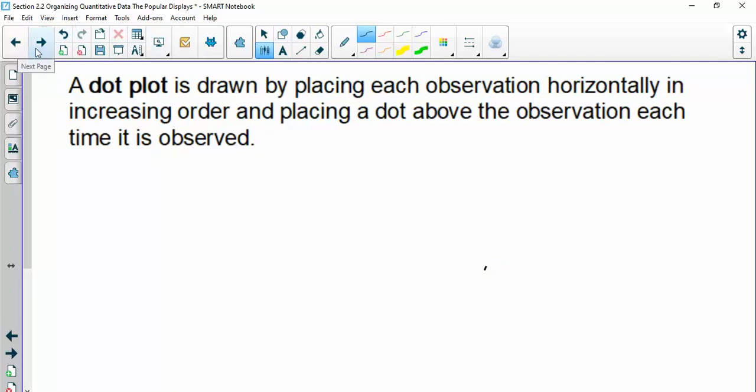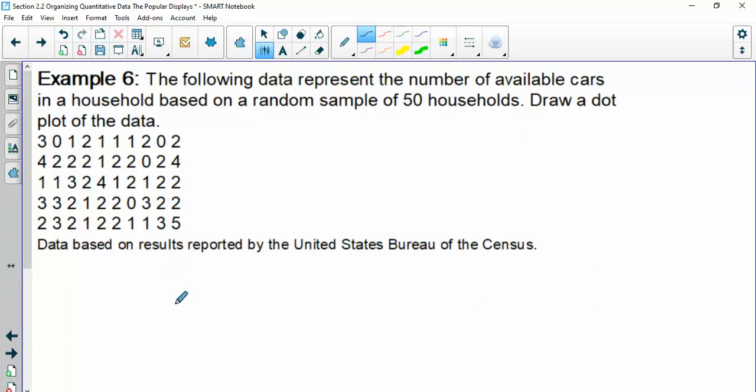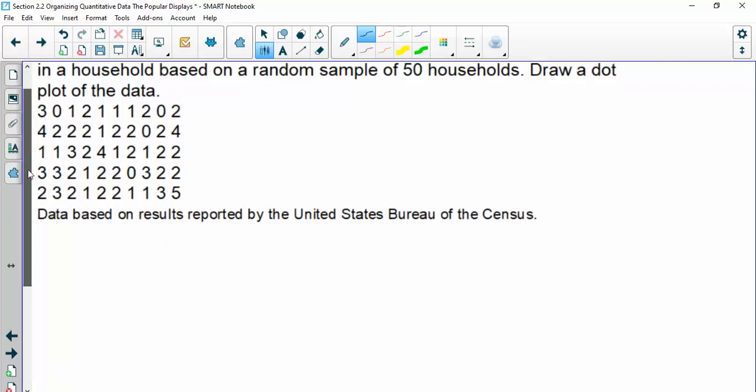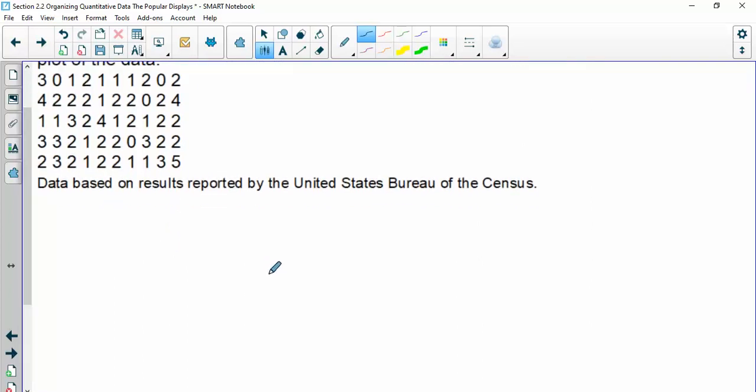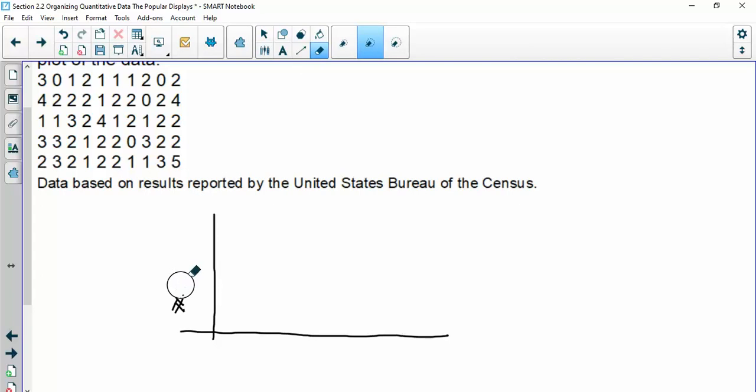So let's practice making one real quick. This is the data we have from our household cars. If I ask for a dot plot, you can look back. We even had the frequency distribution here, so you wouldn't have to recount everything. So my y-axis is the number of cars. Oops, no, it's not. My x is the number of cars.